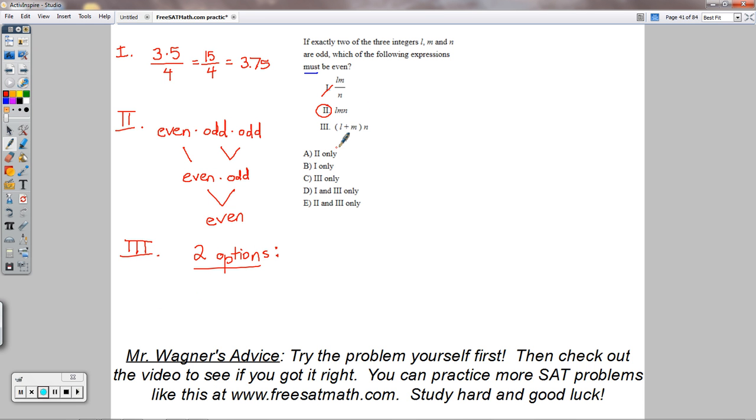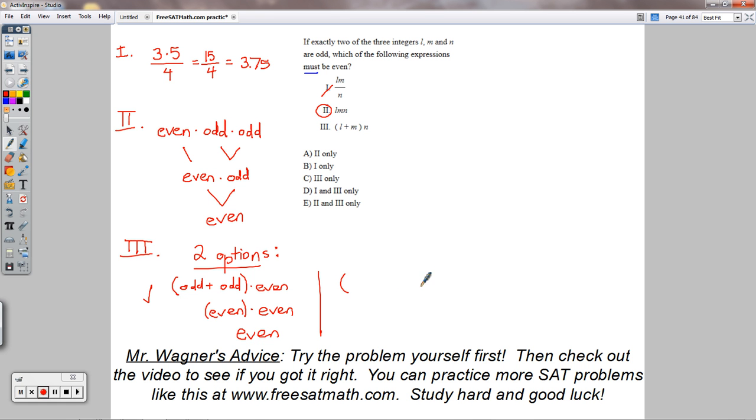We have one option being the even on the outside. So if you added two odd numbers, odd plus odd, and multiplied it by an even number, an odd number plus an odd number would always give you an even number, and an even number times an even number will always give you an even number as well. So that's one option. That option works, but does the other option always work?